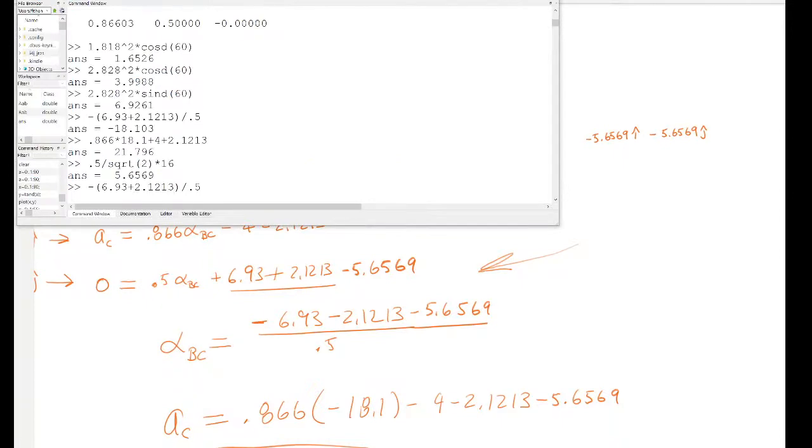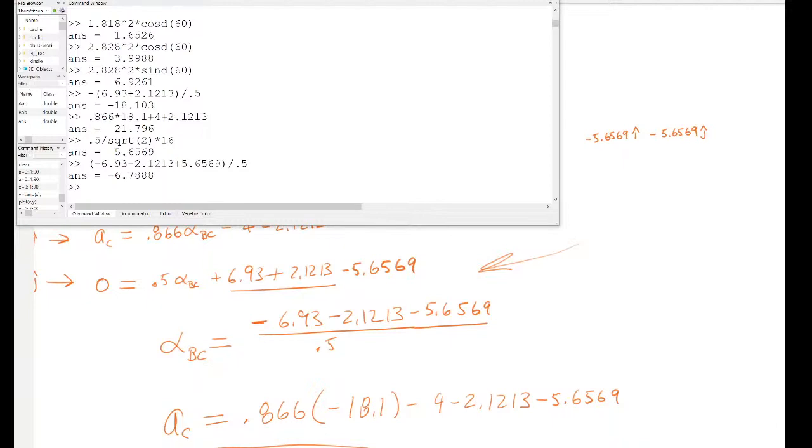Okay, let's do it this way because I've got a mixture of signs now. I got a mixture of signs, a minus and a minus. And I've written it incorrectly. It should be plus 5.6569. Okay. Fix, fix, fix.